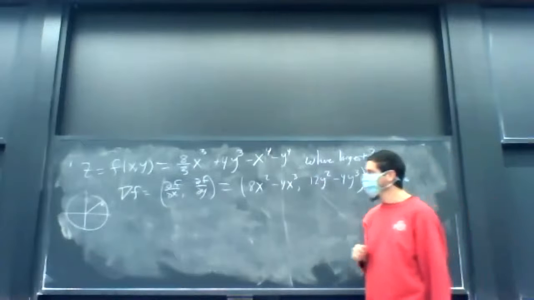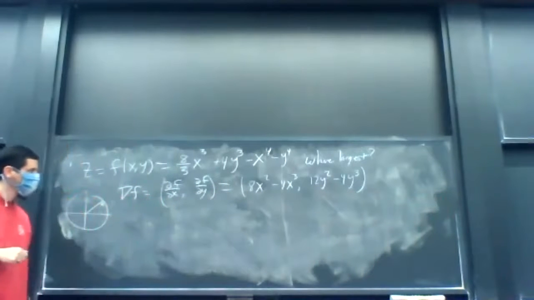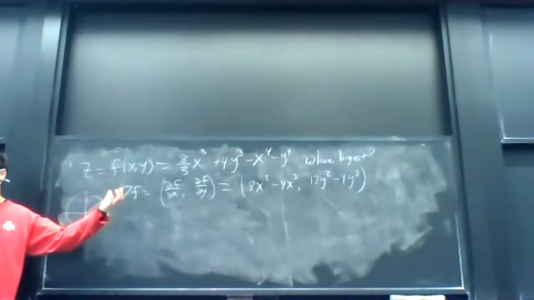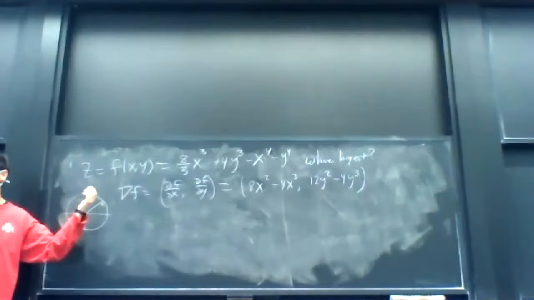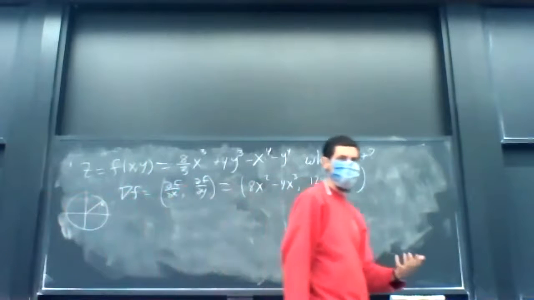And now you can begin to see why they had 8/3 x cubed. So this tells me how my function is changing. It tells me the maximum direction to go at any point in time to see the function increasing.